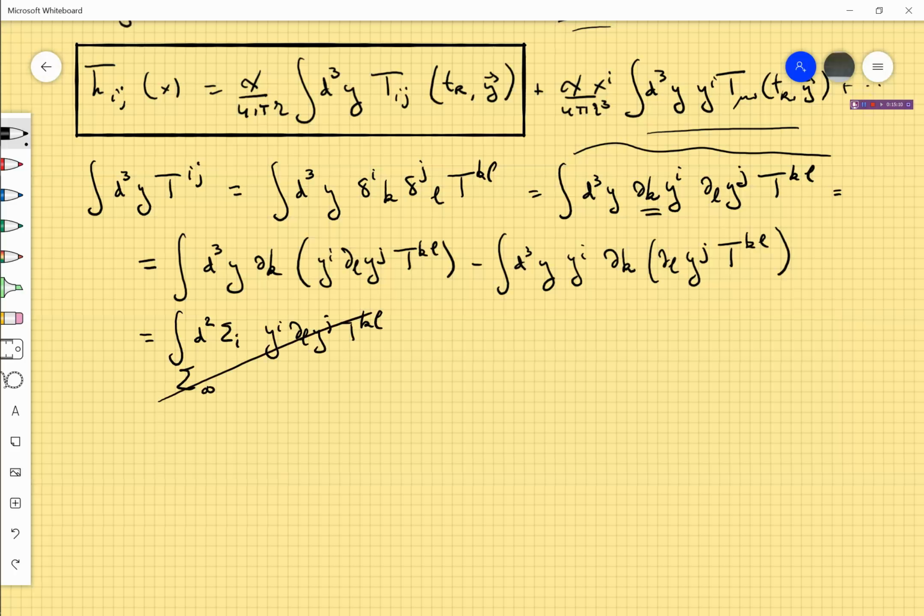Then for the second integral, you have this derivative. When you act on this delta, it will give you 0, and so this derivative only acts on the energy momentum tensor.